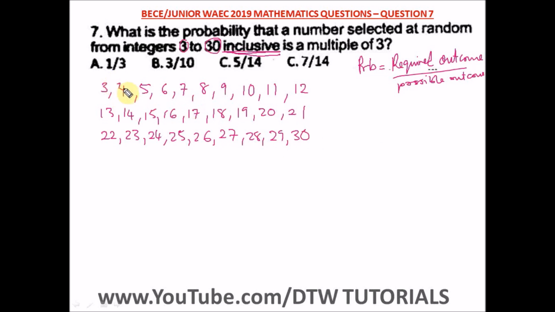Okay, so 3 and 30 inclusive. So it says, what's the probability that a number selected at random from the integers 3 to 30 inclusive is a multiple of 3.